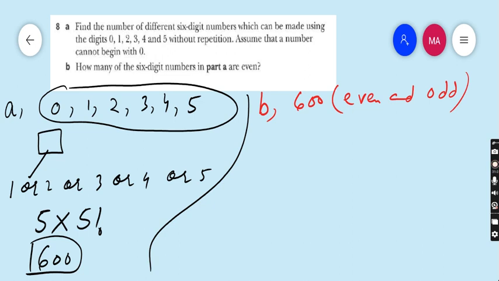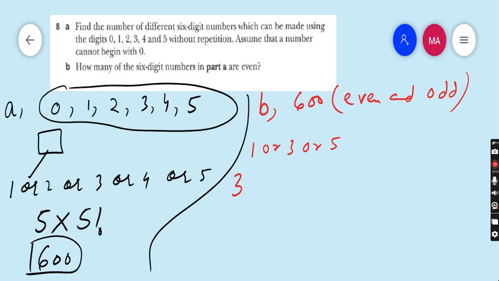Okay, now for odd arrangements, because we have to make an odd number, if we put, for example, 1 or 3 or 5 in the first place, then for the first place we have 3 choices.